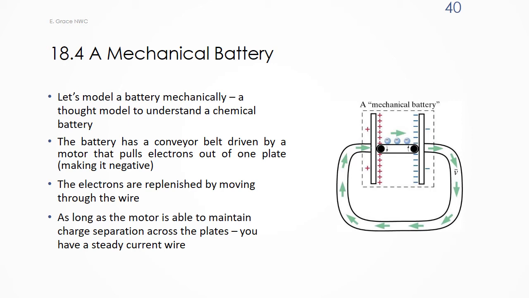And so basically, as long as there is a motor to maintain the charge separation across the plates, you've got a steady current in your wire, which is not unlike how a chemical battery works. Chemical batteries are the kinds that we've been using in lab. It's not like there's a little conveyor belt, but that kind of process is going on. All right, so we're going to use this thought model of the mechanical battery to then think about the field.